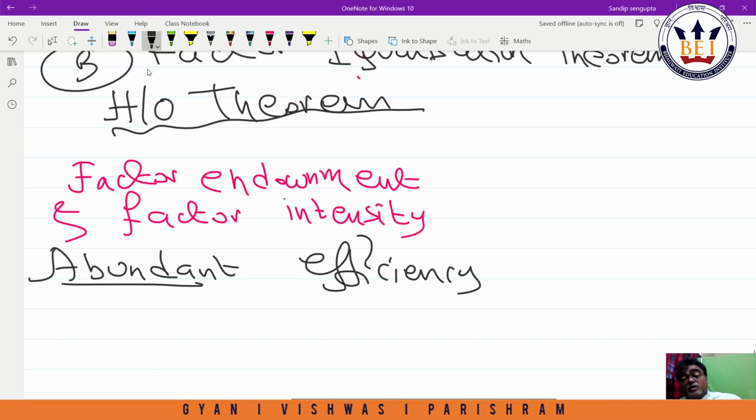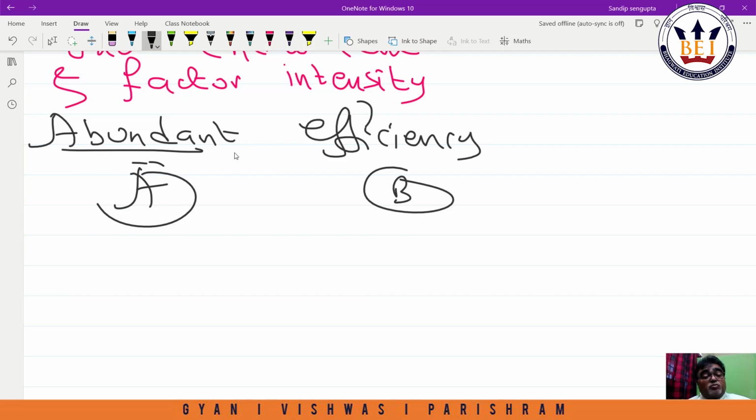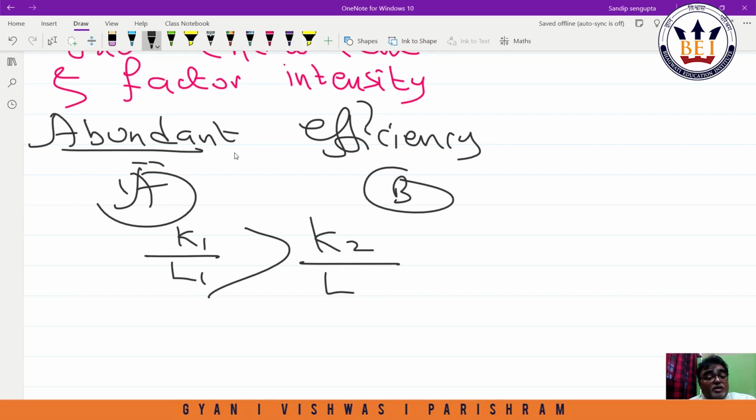So if I write country A and country B, say, if I write K1/L1 greater than K2/L2, better taking production function Q is equal to function of K comma L, means production is a function of capital and labor. So K1/L1 greater than K2/L2 means this country A is efficient in capital.